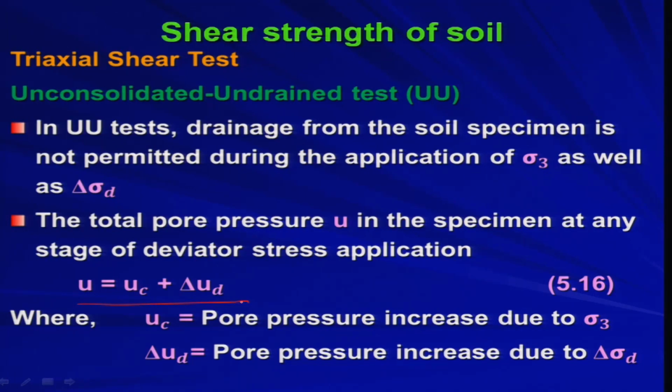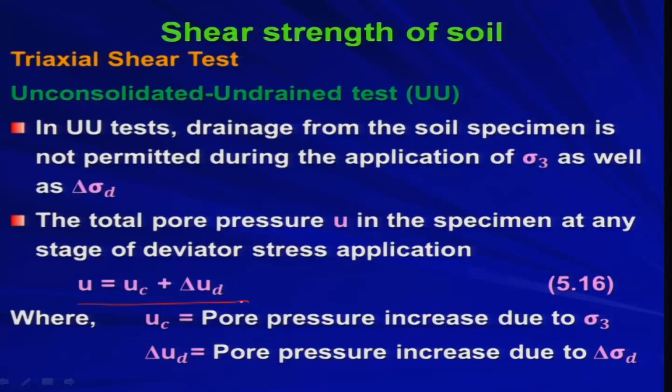In both steps, whatever pore water pressure you generate will be the total pore water pressure at any point of time, right. So, total pore water pressure U is nothing but UC plus delta UD, where UC is the pore pressure increase due to sigma 3, that is happening in the first step, and delta UD is the pore pressure increase due to delta sigma d, that is happening in the second step.